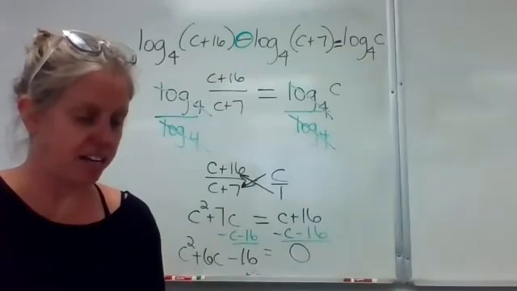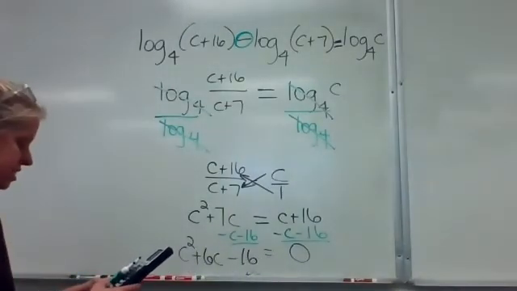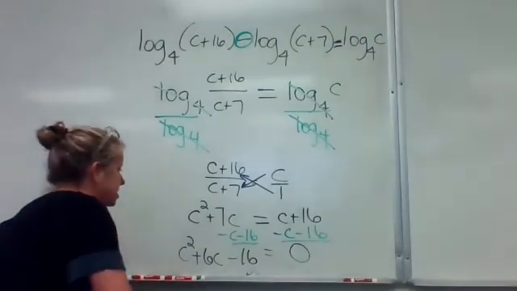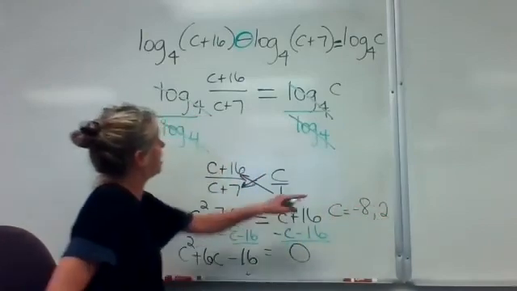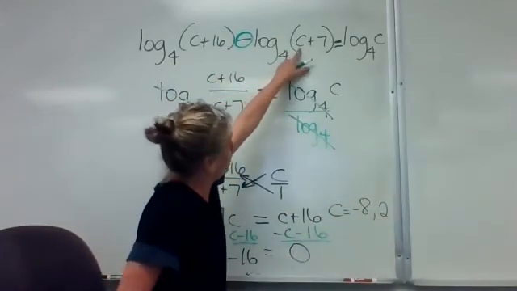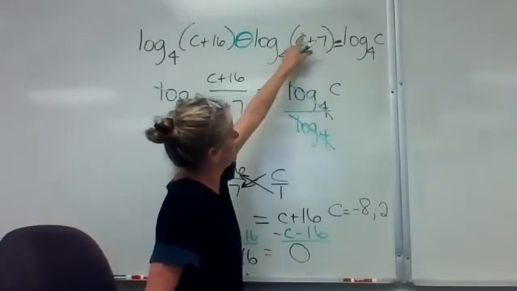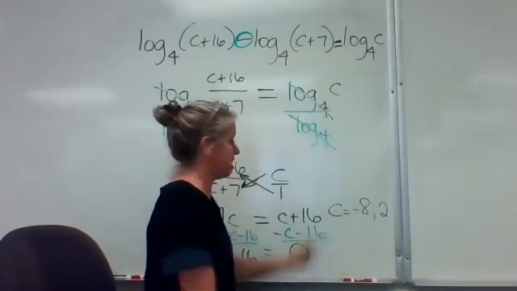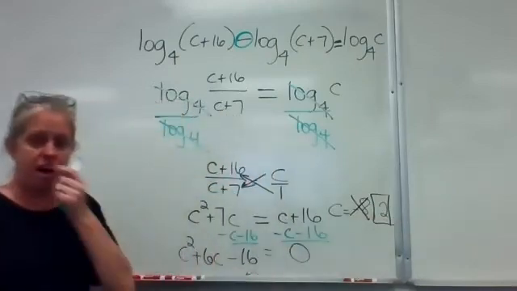If not, you'll have to factor it and type in A is 1, B is 6, C is negative 16. It gives me negative 8 and 2. But again, the negative 8, if you put it right here, it'll turn what's in that parentheses into negative 1. And you can't take the log of a negative number like that. So that negative 8 is not a good answer, just the positive 2.